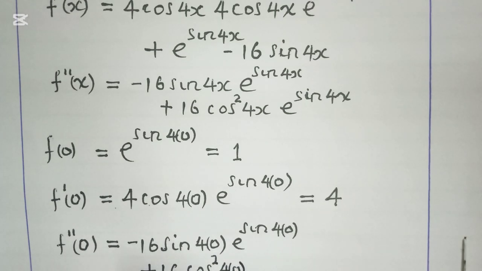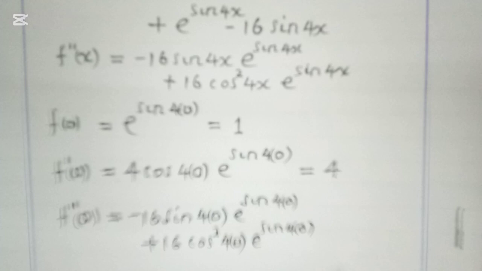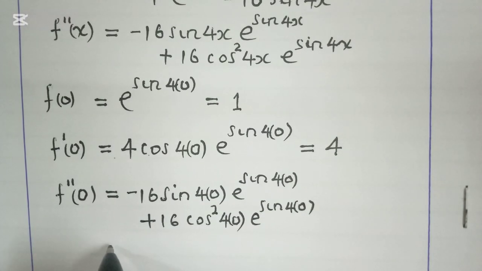Anywhere there is x, we put 0. Then e raised to sine 4 0. So guys, now we check what we are going to get when we put that.